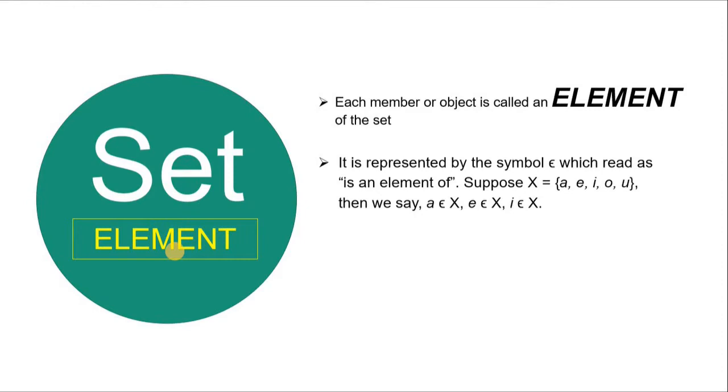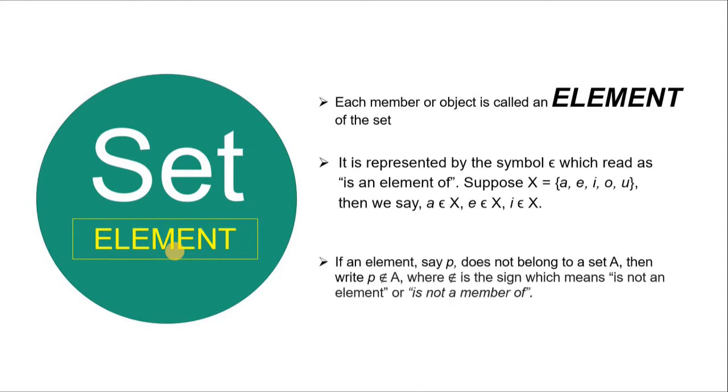So suppose X is equal to {A, E, I, O, U}, then we say that A is an element of X, E is an element of X, I is an element of X.